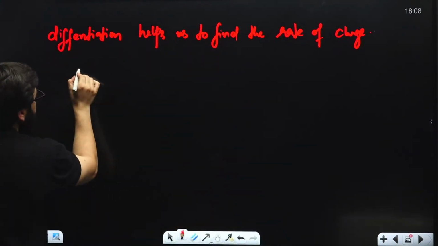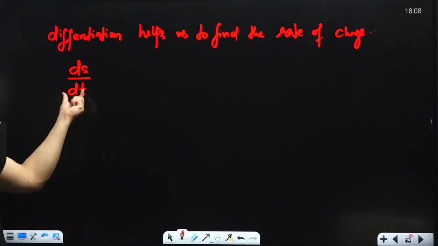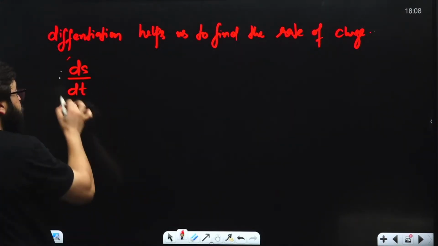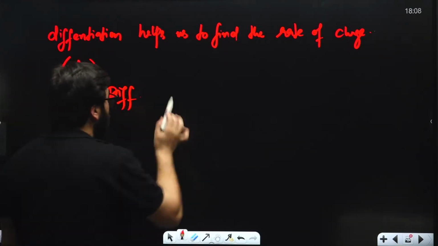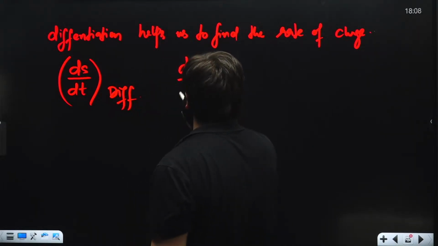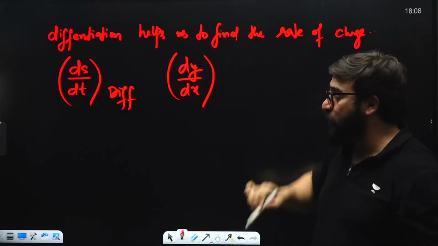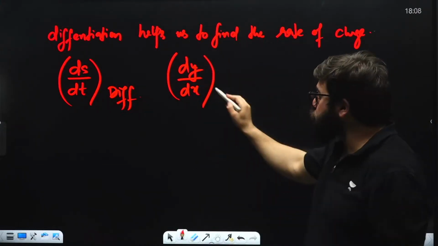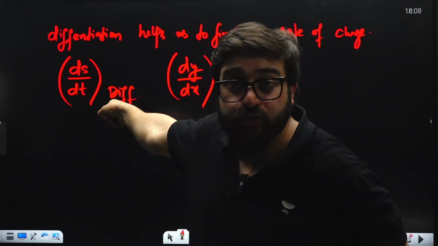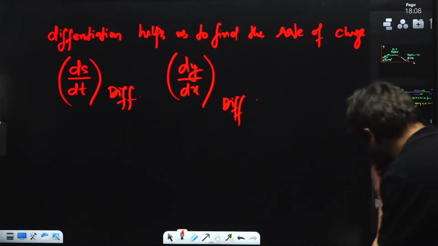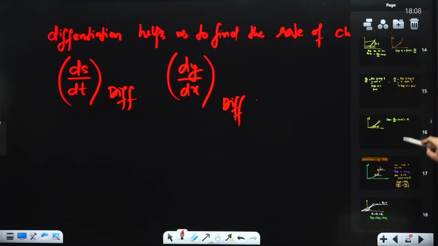So my dear friends, this ds by dt, what is this? Rate of change of displacement with respect to time. How did you get it? Because of differentiation. So if I say dy divided by dx, what is this? This is the rate of change of y with respect to x. How did you get this also? Sir, differentiation. Actually, this was introduced by differentiation only.